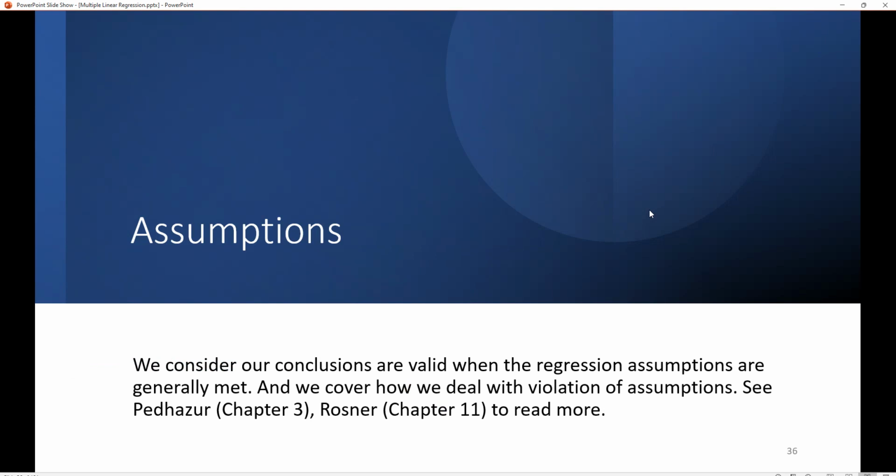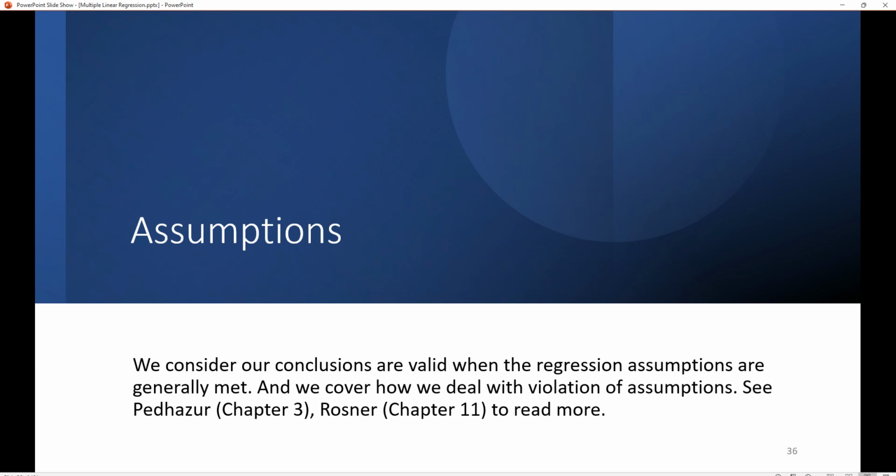We consider our conclusions valid when the regression assumptions are generally met, and we cover how to deal with the violations of assumptions. So we often come across points when our assumptions are violated, but that's not a horrible thing.